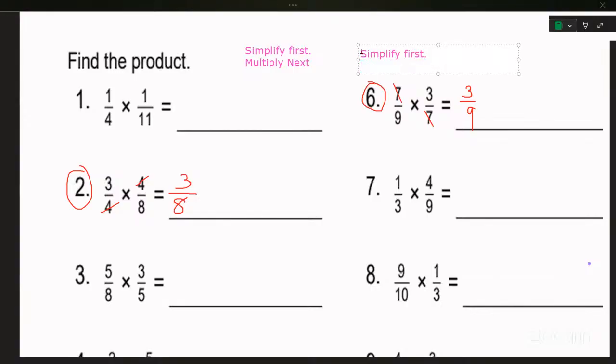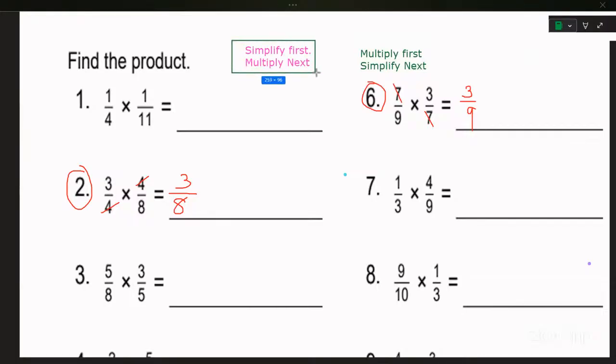Multiply first and simplify next. Which is better? This method is preferred.